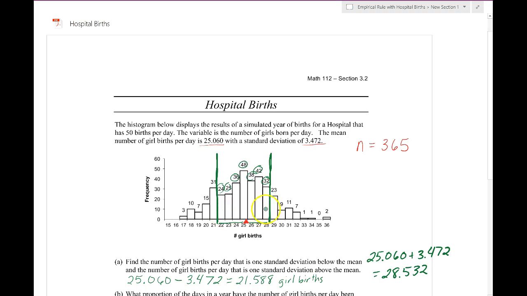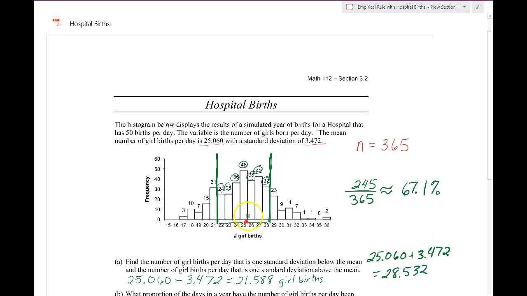When I add those numbers up, I get 245. And 245 out of 365 gives me approximately 67.1%. So in the simulated year of births for this hospital, 67.1% of the days were within 1 standard deviation of the mean.